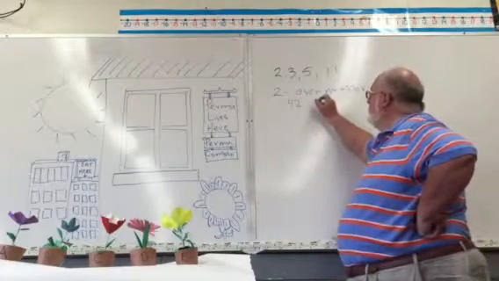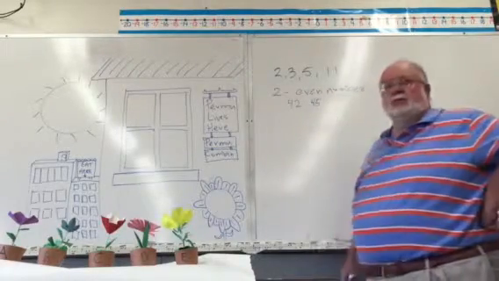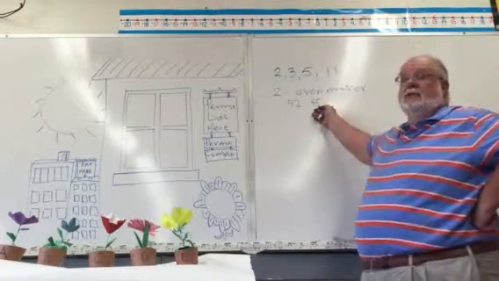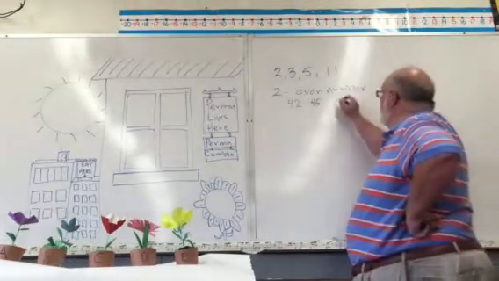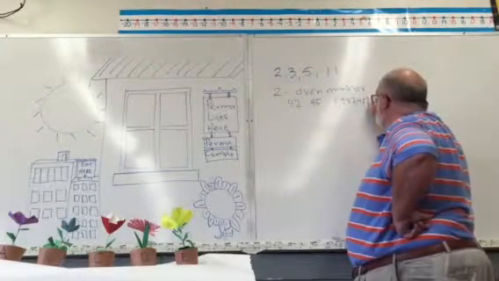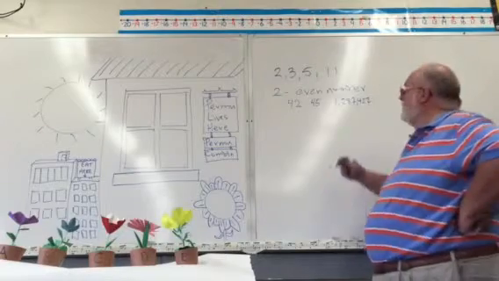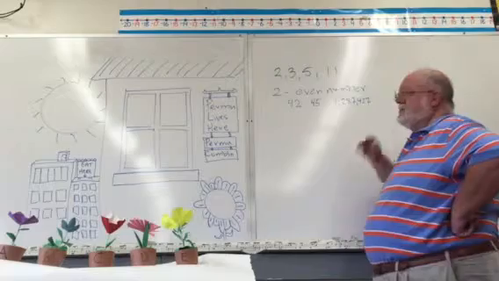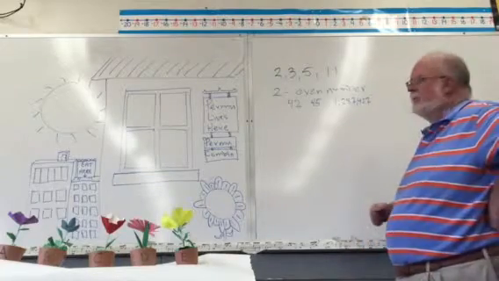How about 45? Well, 5 is not an even number, so 2 will not go into 45. How about 1,287,422? Well, 2 is an even number, so this whole thing is an even number, and 2 will divide into that number.